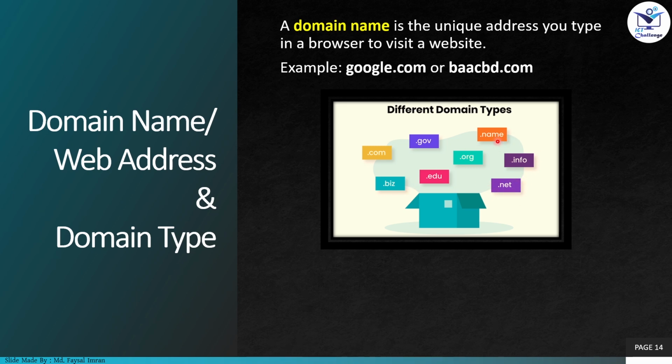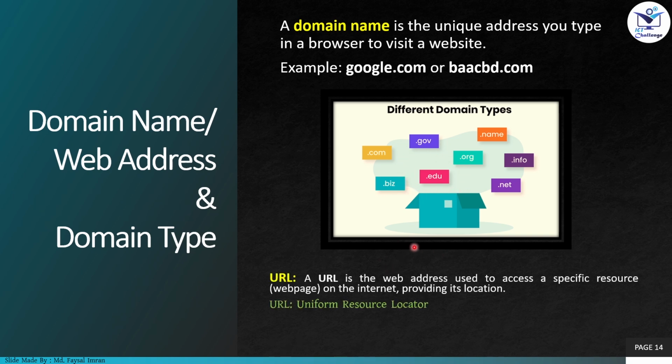We also have many kinds, like .name, .biz. So .name and .biz are not the topics of ours, so we'll discuss them later if needed. Those are the domain types. If you have any website, then you have to make sure of the type of the website. Those domain types actually indicate the category of the website.